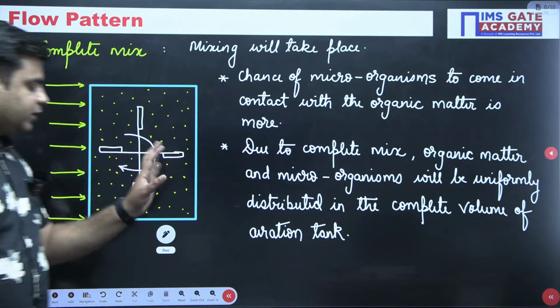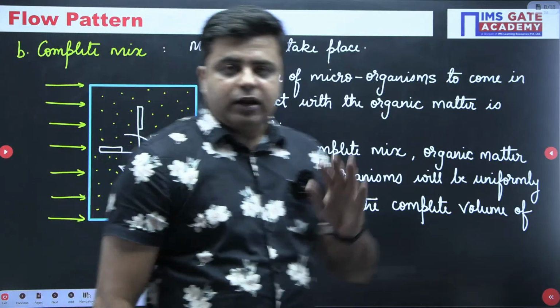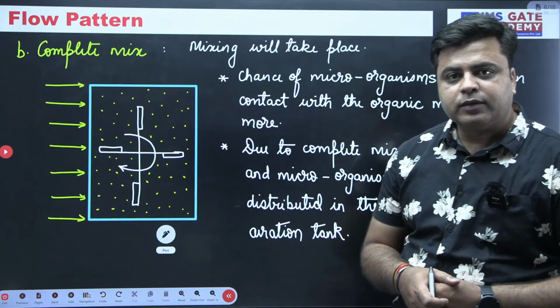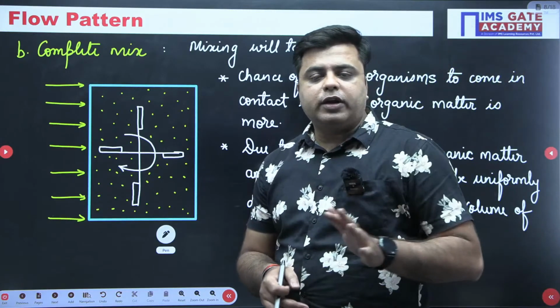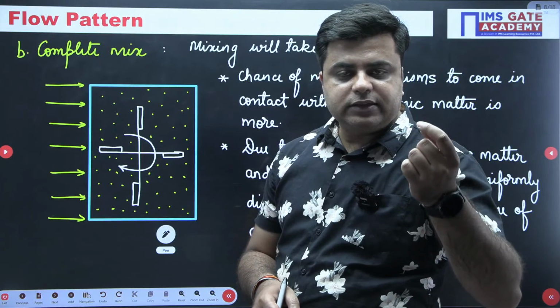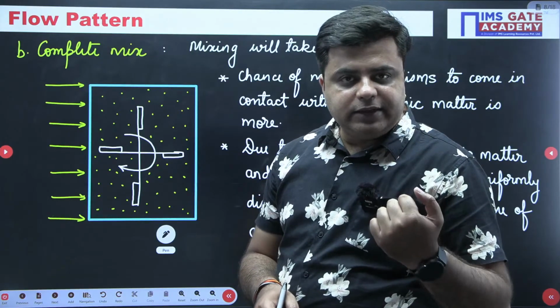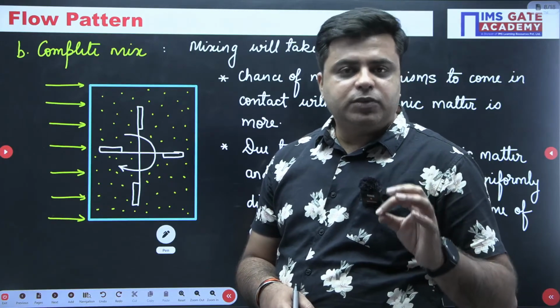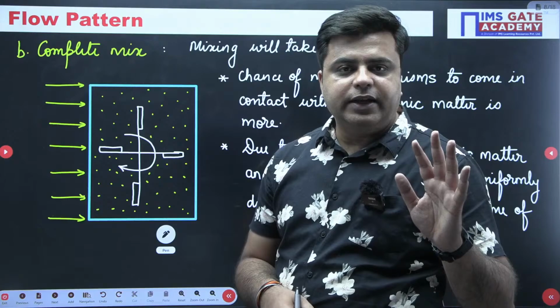So here if a statement comes that along the length of the aeration tank in a complete mix, the amount of organic matter, option A, increases, option B, decreases, option C, remains same, option D, cannot be said anything.